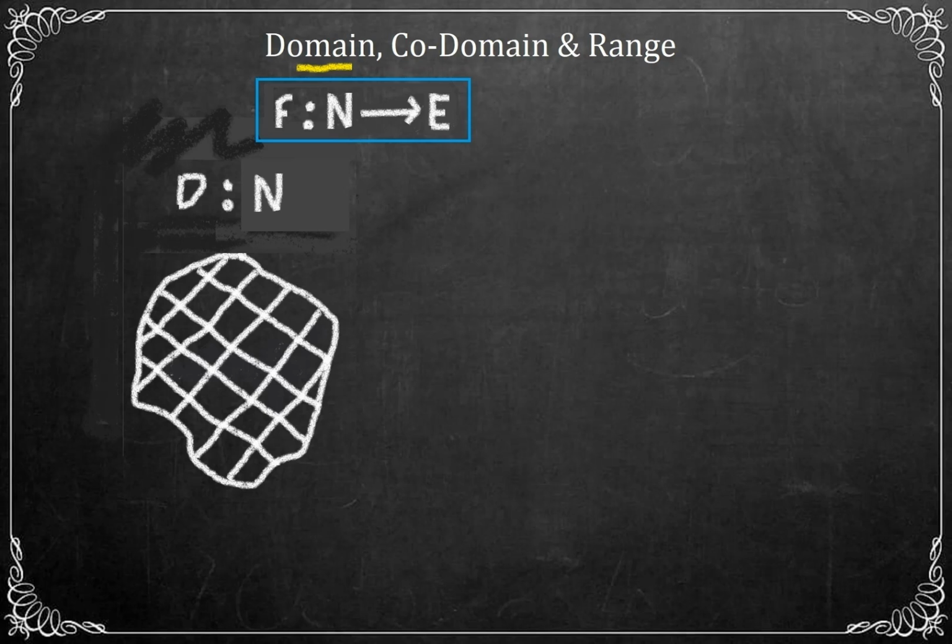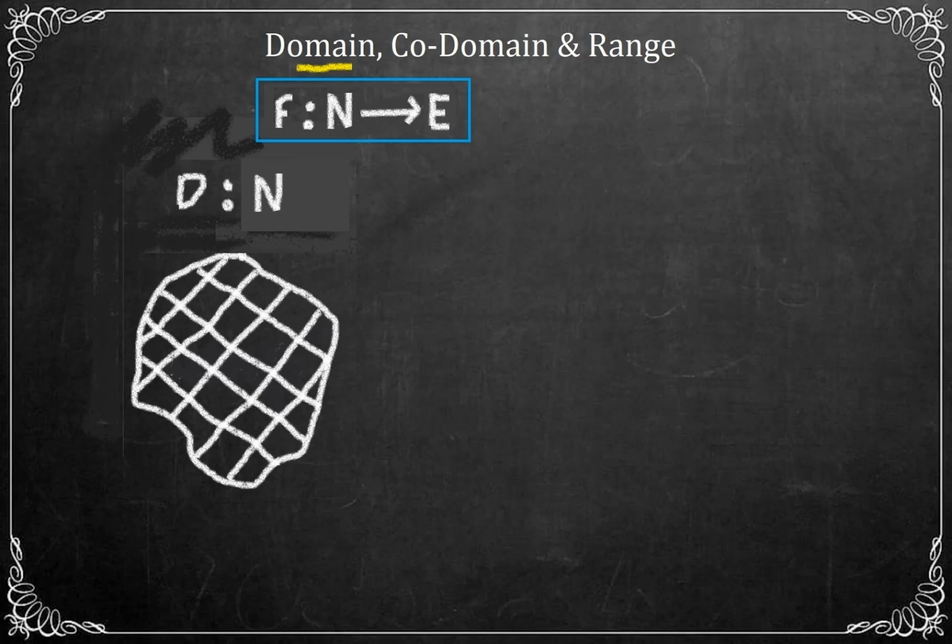So f is the name of the function. The colon just serves to separate the function's name from its domain and codomain. The capital N on the left side represents the domain of the function, the set of all possible input values.